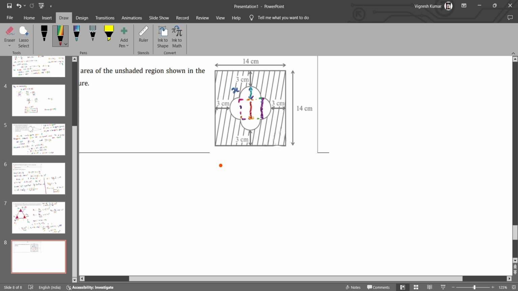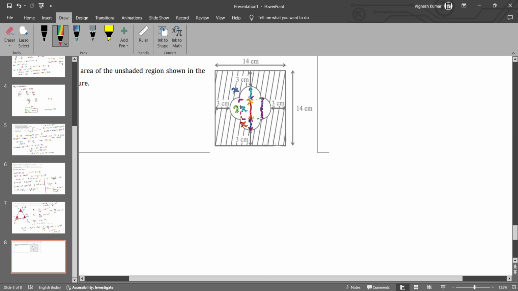So this length will be 2x, and again this is the radius of the semicircle, which will be x again. So if you see, this is 3, x, 2x, x, 3. If you add all this, you will get this total side of the square.